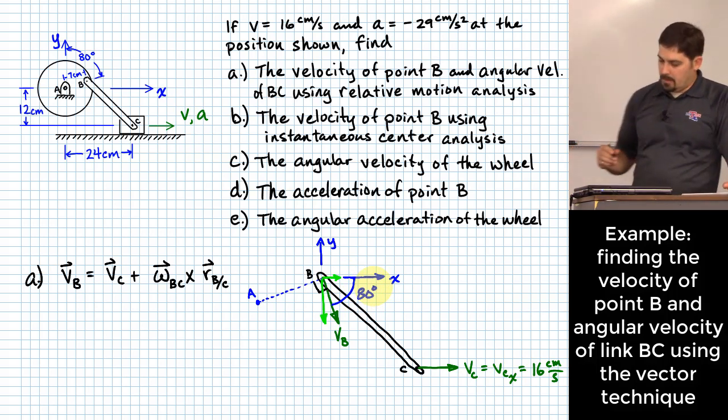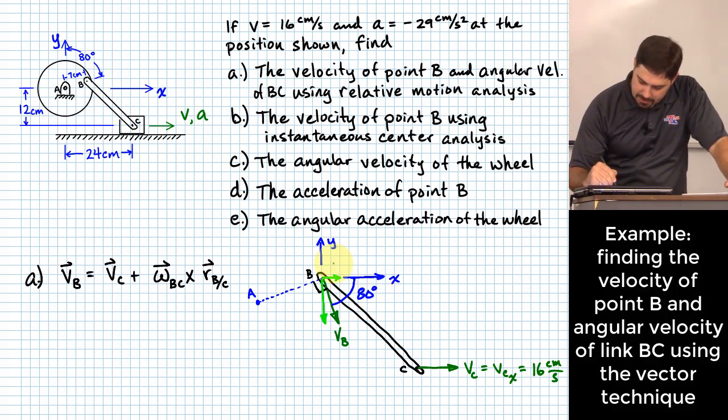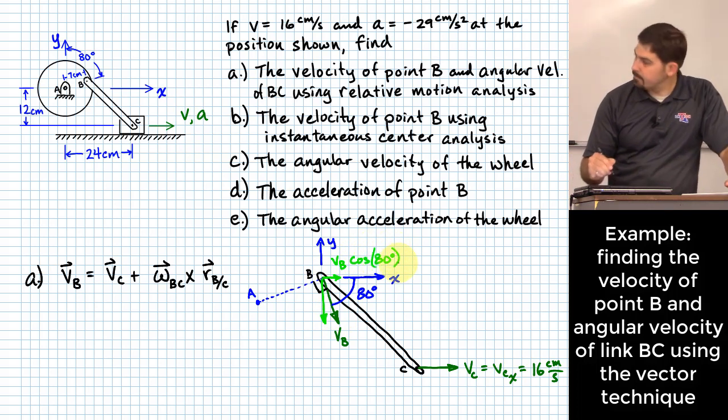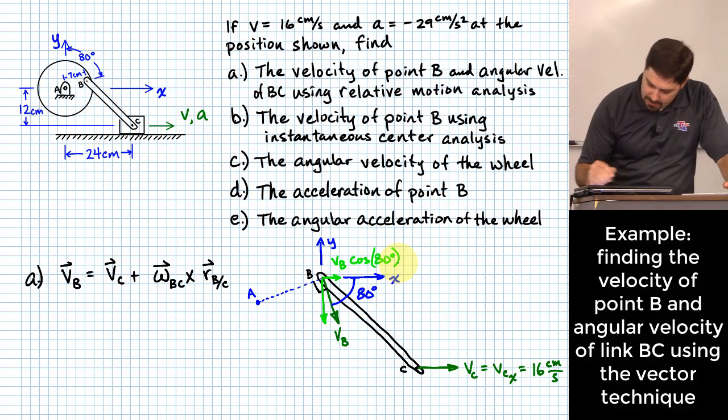And these two components that I just identified, this one is going to be VB times the cosine of 80 degrees. And this one down here is going to be VB times the sine of 80 degrees.